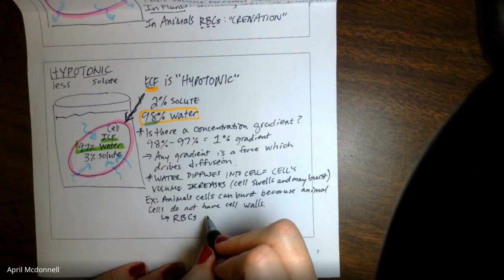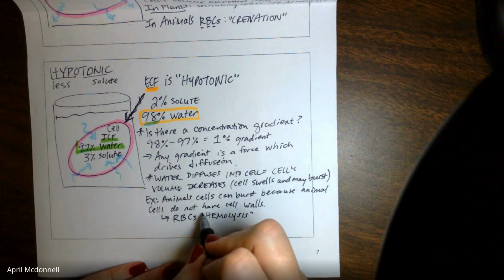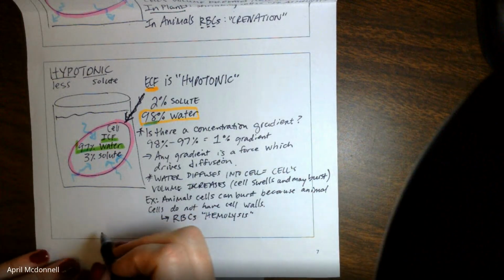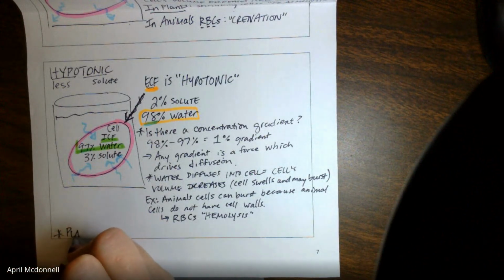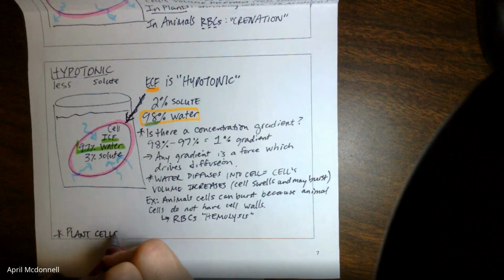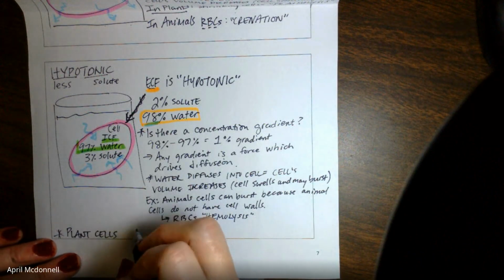The bursting of a red blood cell is called hemolysis. Plant cells are a little bit different because plant cells are surrounded by a thick non-living matrix called a cell wall. The cell wall will prevent the plant cell from popping. Instead, the plant cell will take in so much water that it will exert pressure and press up against the cell wall. This pressure is called turgor pressure.